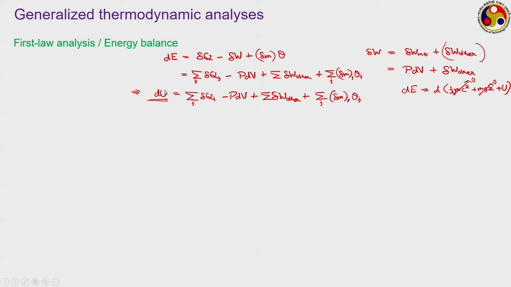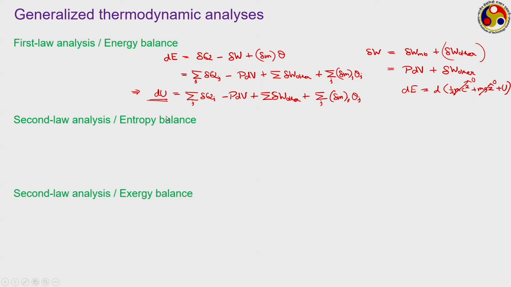Now, let us go to the second law analysis based upon the entropy or exergy. So, we can perform second law analysis based upon the entropy generation concept or entropy balance, and similarly by exergy balance.